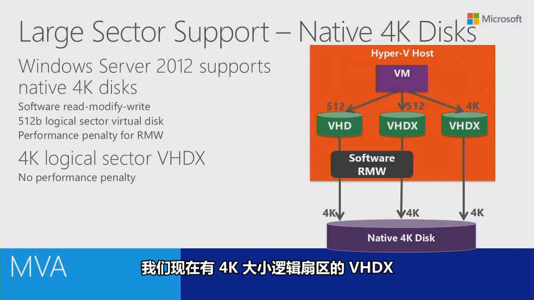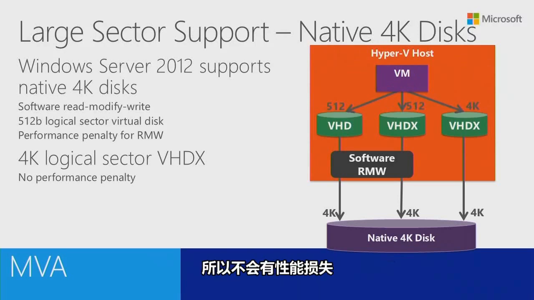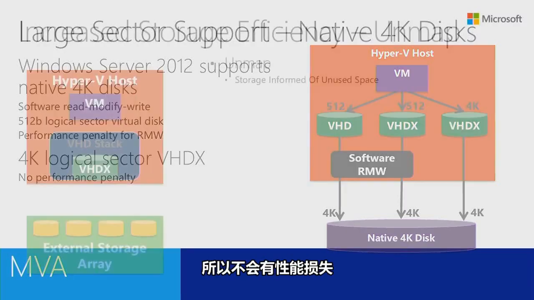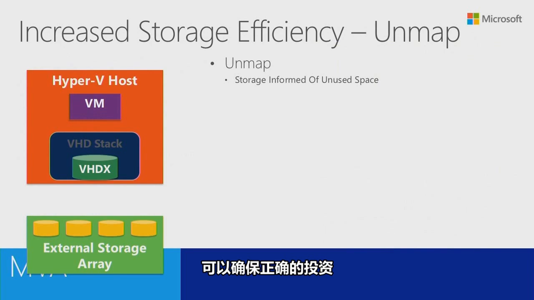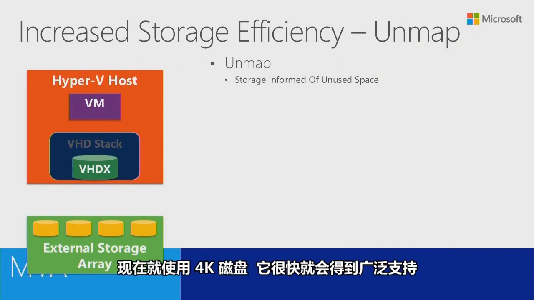So not only does Windows Server support native 4K disks, but our virtual disks support these new native 4K disks. We now have 4K logically sectored VHDXs, so you get no performance penalty. This is something very important to think about as your next major storage purchase happens. There's a very good chance that you're using 4K or that it's coming very, very soon.